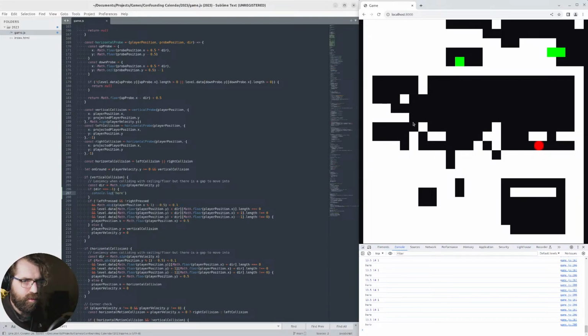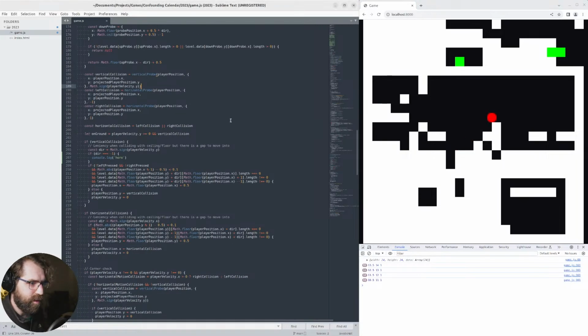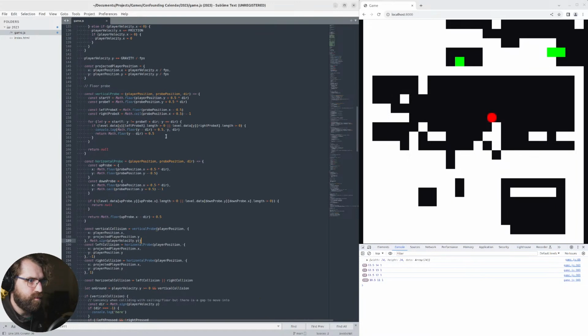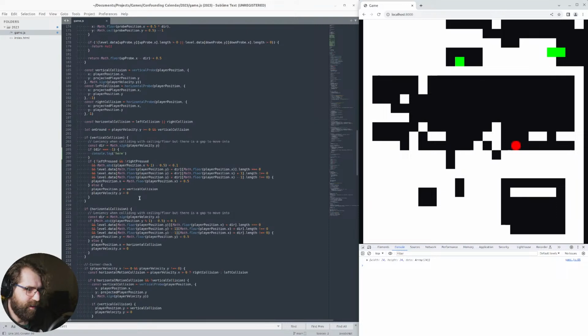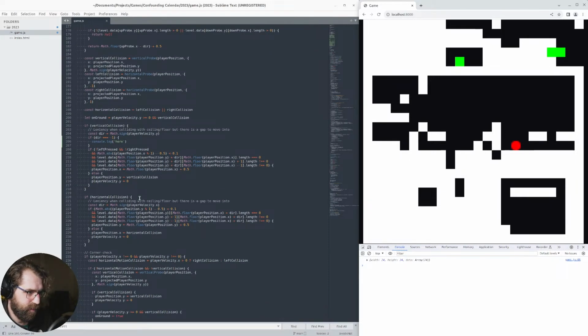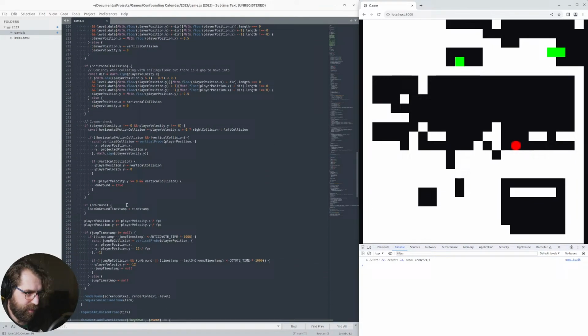So only if it's an upwards collision. Okay. Should I get rid of that log? Where's that coming from? Here. There's so much cleanup to do. Okay, so there's no vertical collision right now. So what's stopping me from jumping? Right, what's stopping me from jumping is this thing over here.